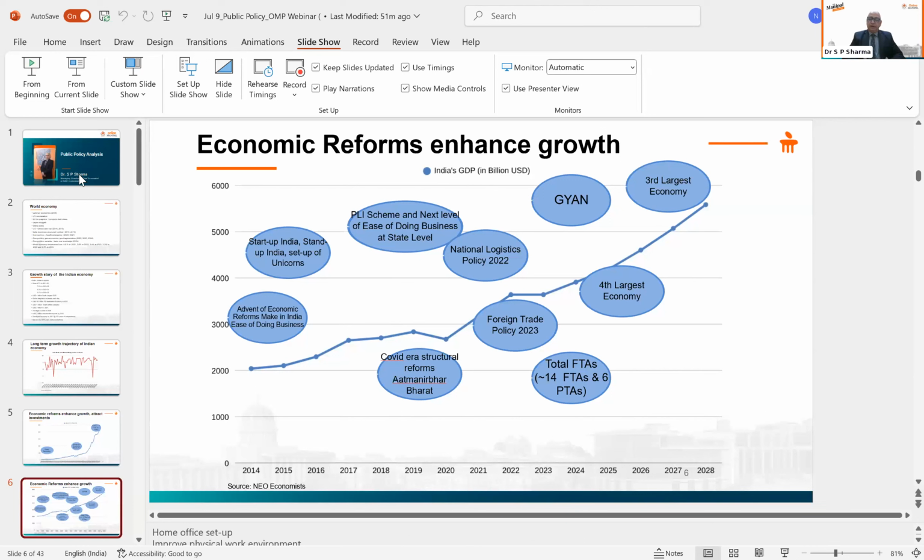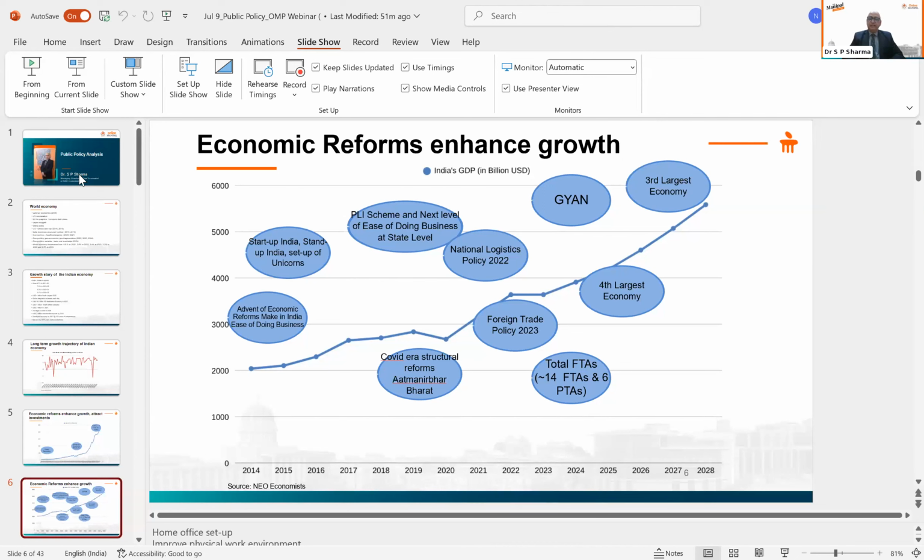GYAN means Garib, Yuva, Annadata, and Nari. These were the focus areas during the last two budgets, and the government has provided so many reforms for the development of infrastructure and various reforms for the downtrodden.